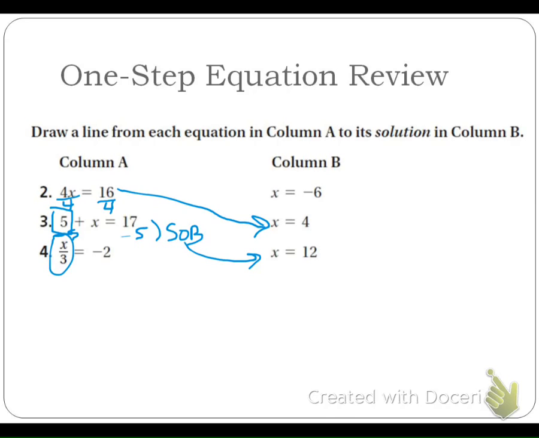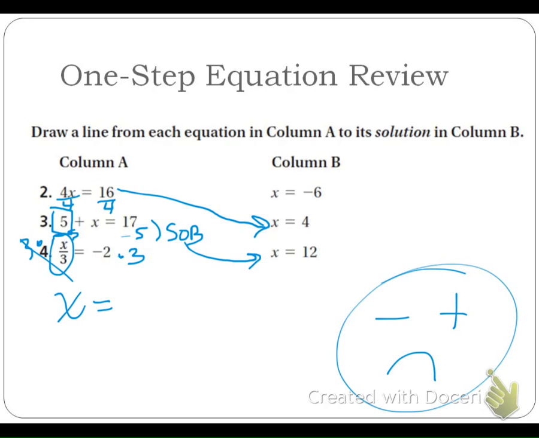You have to move it up and multiply. So times 3, times 3. We use our rules of multiplication of integers here. Because our 3s cancel out, x is equal to negative 2 times 3. Well, you have a negative and a positive. That doesn't make a very happy person. Should it be a negative 6? So that's why that one's negative 6.